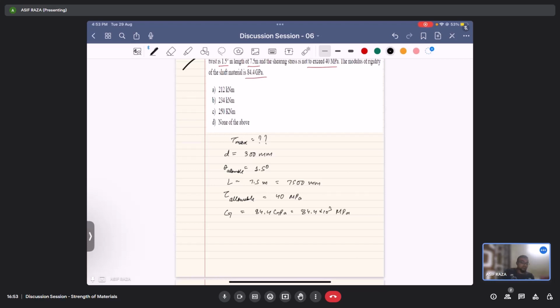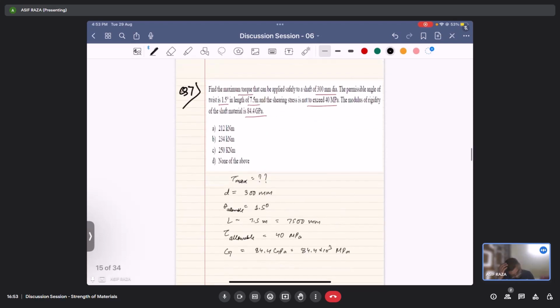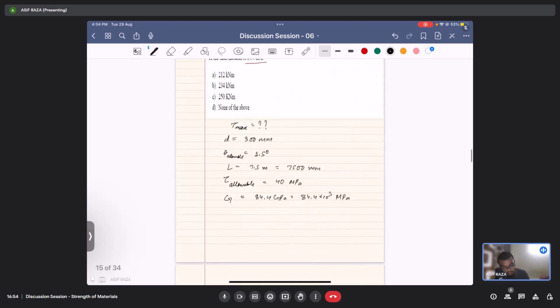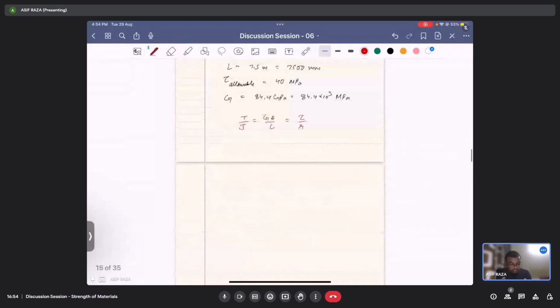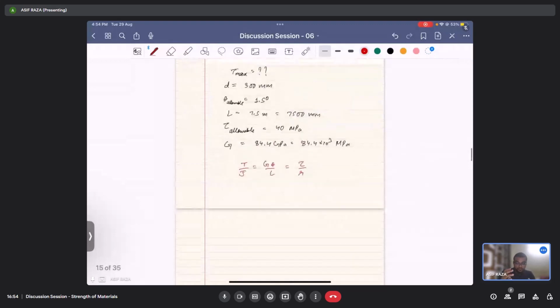I won't solve the question directly, but I'll give you a hint how to solve this. You already know the torsion equation, that is T by J equal to G theta by L equal to tau by R. First try to use the allowable theta.